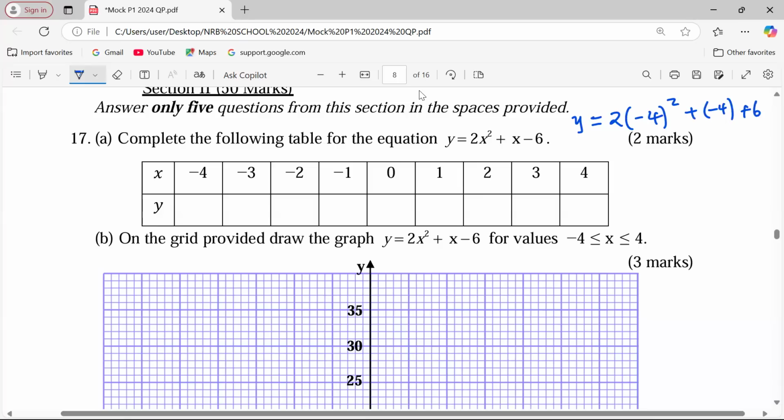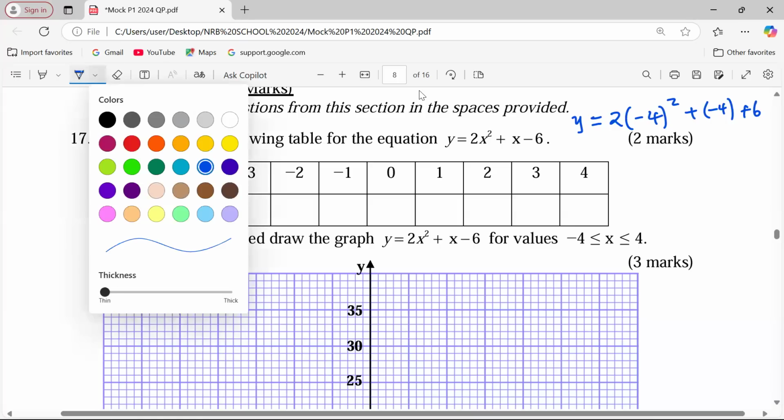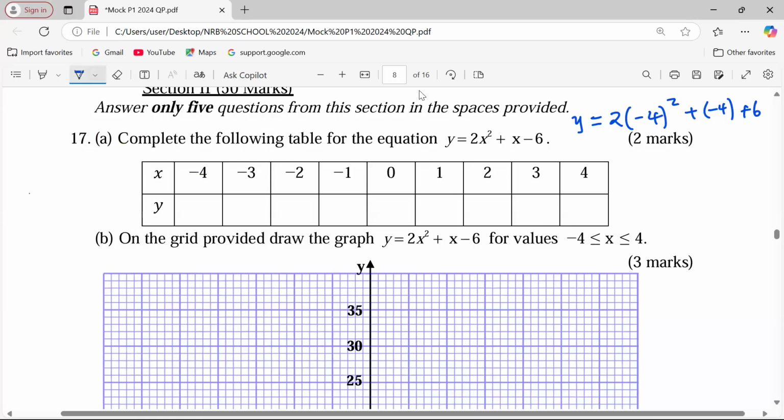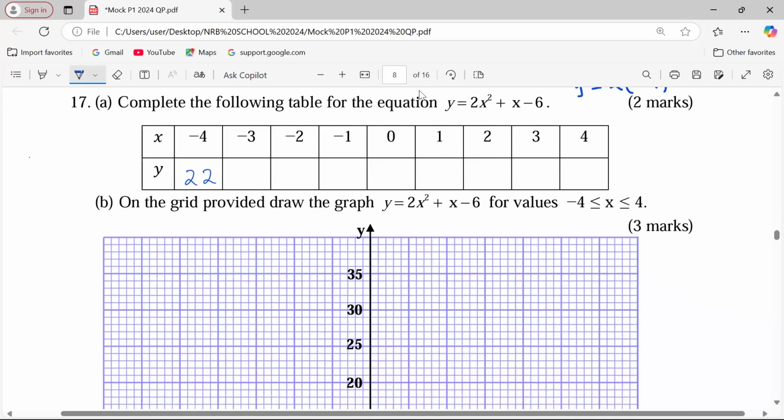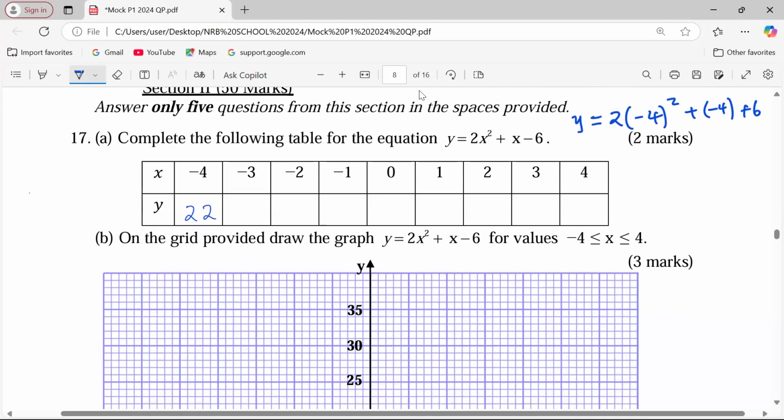When you compute that from your calculator, you are going to get exactly 22. Then for -3, you substitute -3 in the place of x, and the value of y shall be 9. Then you substitute -2 in this equation and the value of y turns out to be exactly 0.